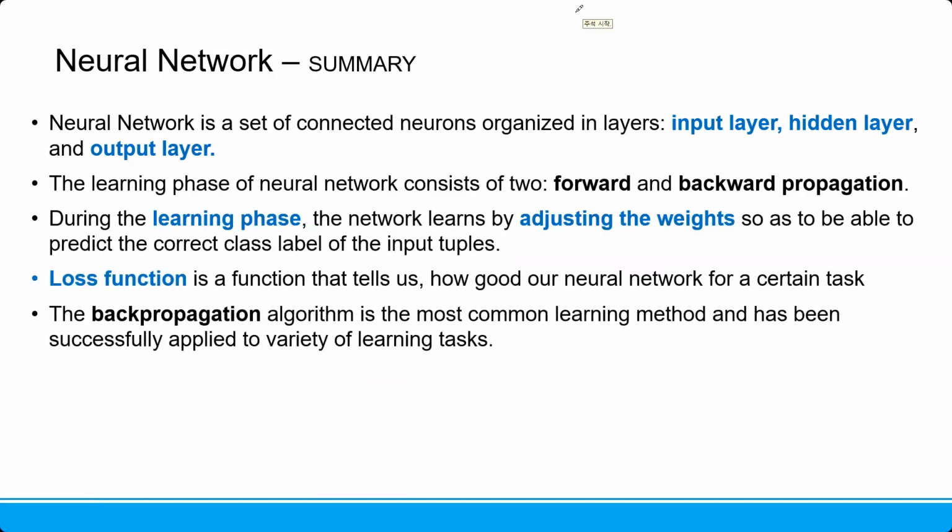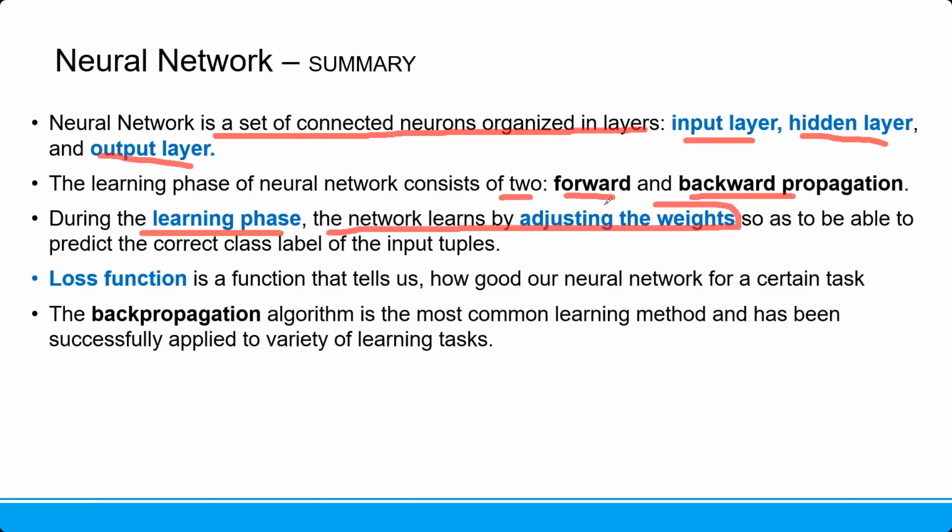So the neural network is a set of connected neurons. We learned about the input layer, hidden layer, and the output layer. In this slide, we already learned the basic concepts of neural networks, which are forward propagation and backward propagation. During the learning phase, the network learns by adjusting the weights.